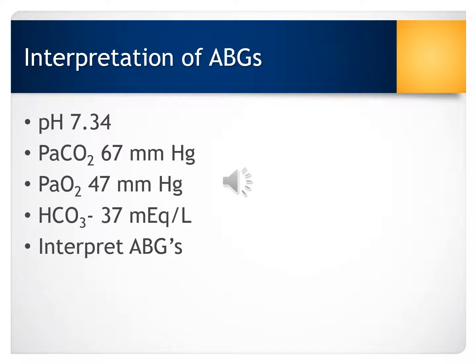We would then move on to our bicarbonate level, which is 37. So when we look at our chart, we know that that is high. So we have a high bicarbonate level.